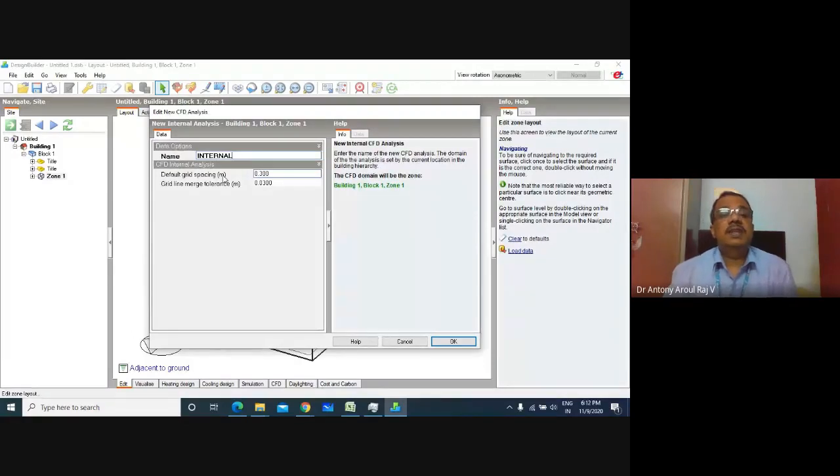For CFD internal analysis, the domain is the conditioned air inside the room. So now I am going to split the conditioned air into a number of subdivisions. The grid spacing is given here.